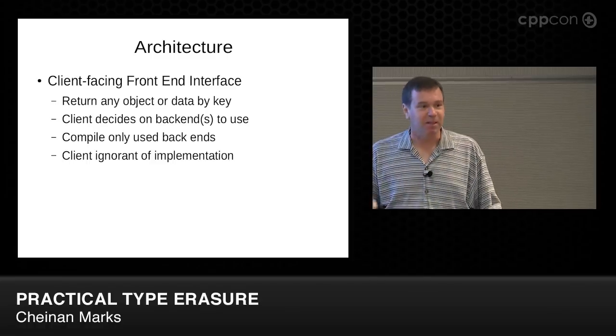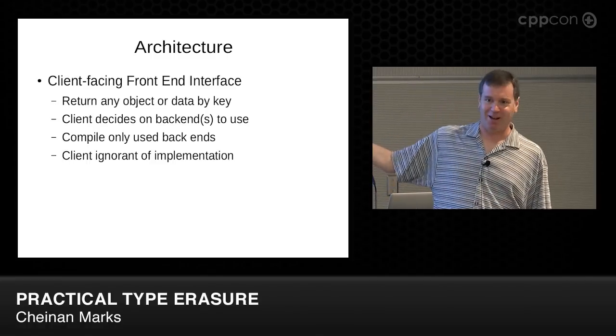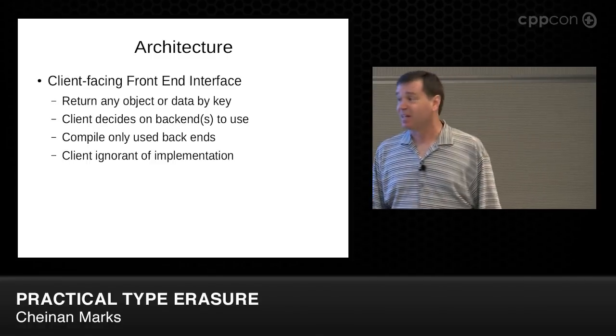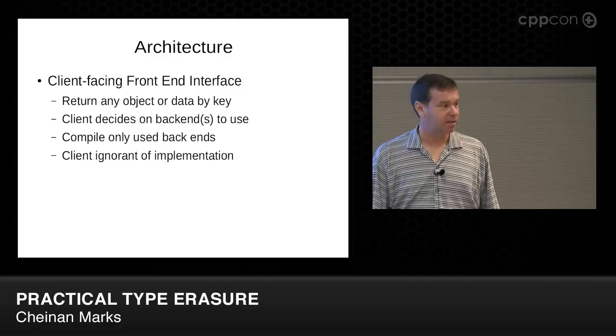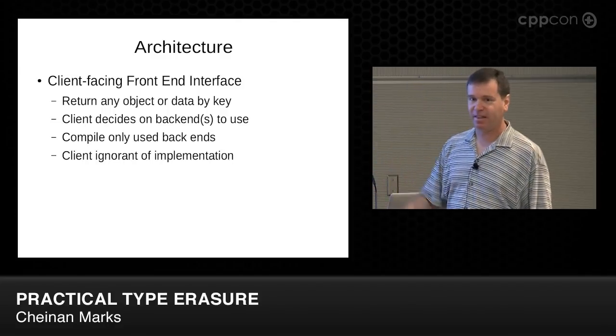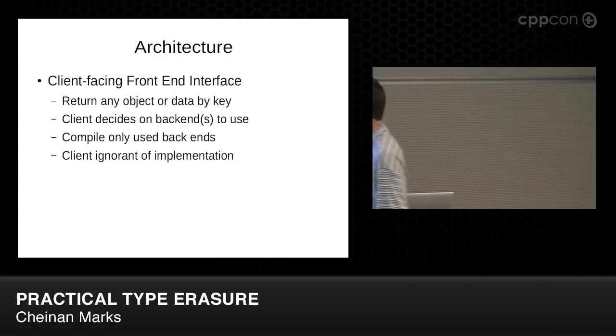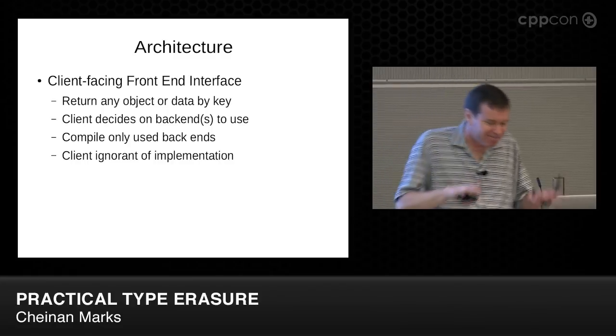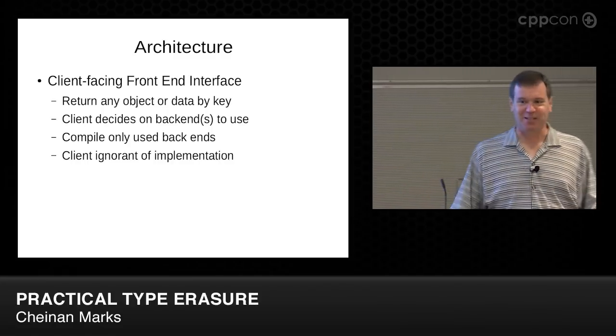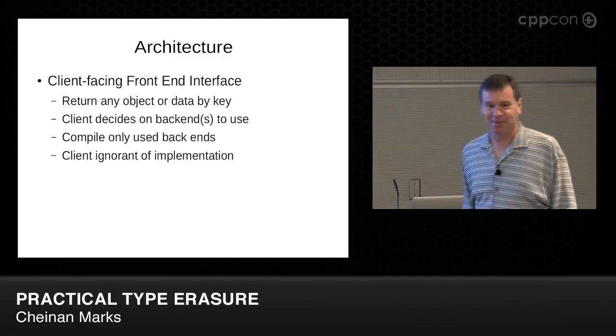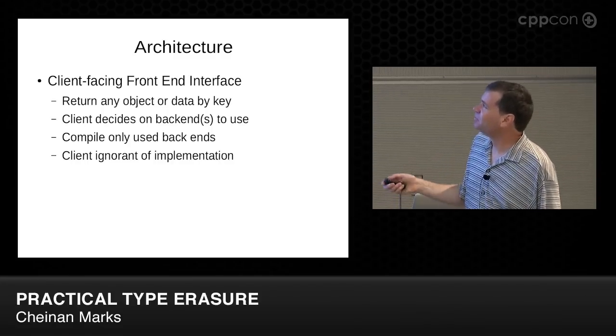So as you've probably guessed, I'm going to use type erasure in my framework, but I didn't want the client to be aware of that. I actually failed on that last requirement, but it's okay, you'll see.